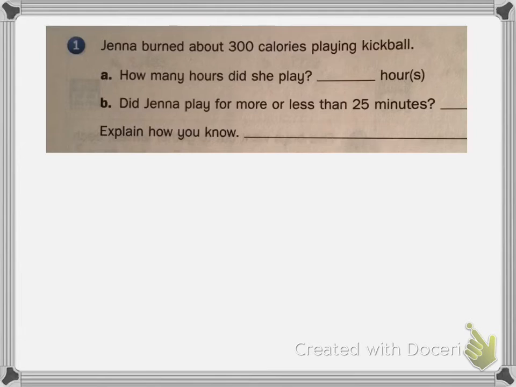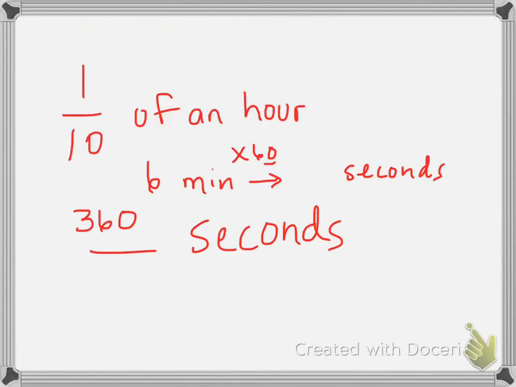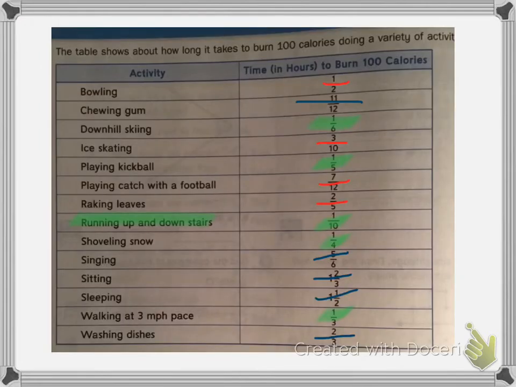All right. Number 1 said Jenna burned about 300 calories playing kickball. How many hours did she play? Well, if I go back to my chart on number 1, playing kickball, I see is right here. And it says that it's 1/5 of an hour to burn 100 calories.